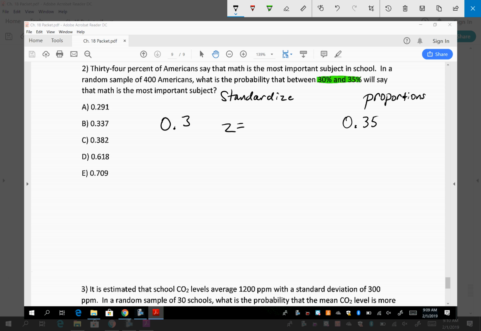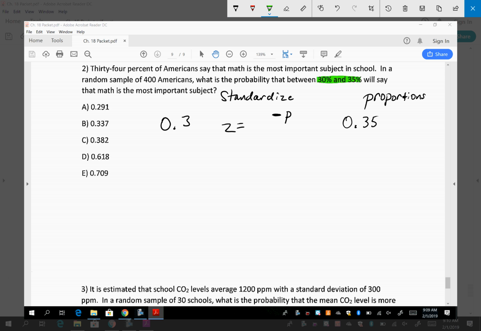I need to subtract the mean of a proportion, which is P. Do you remember what P represents from Tuesday? It's been a while. What is it? Population proportion. The population proportion. And they actually gave it to us in this problem. What is the population proportion in this problem?